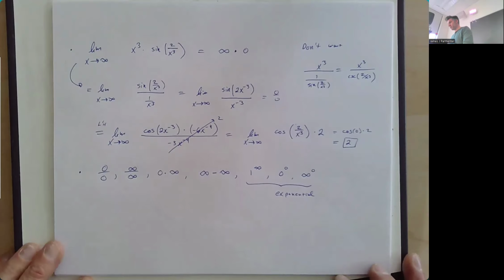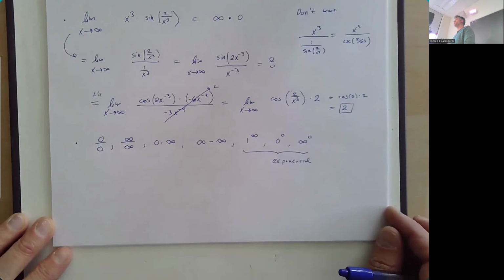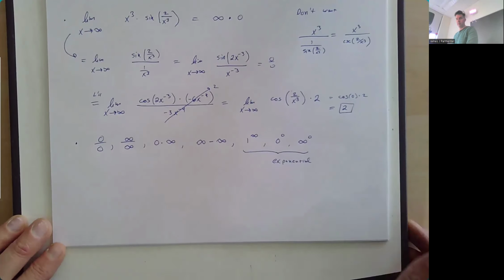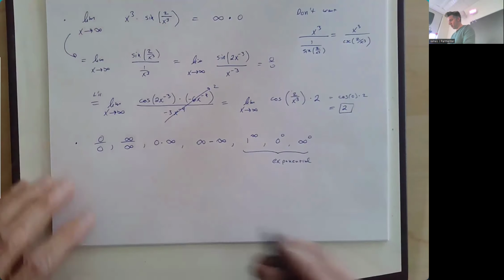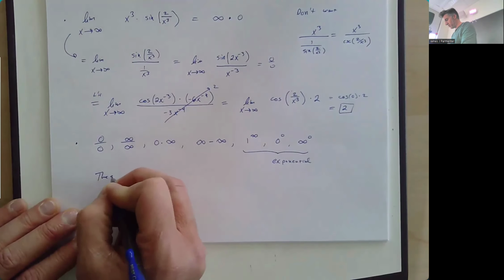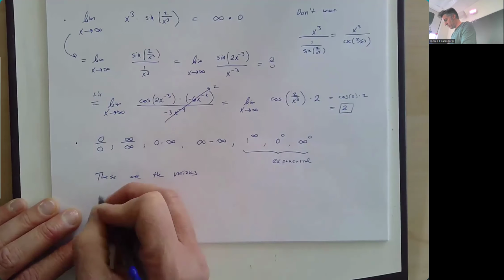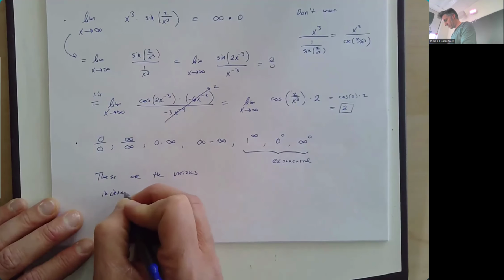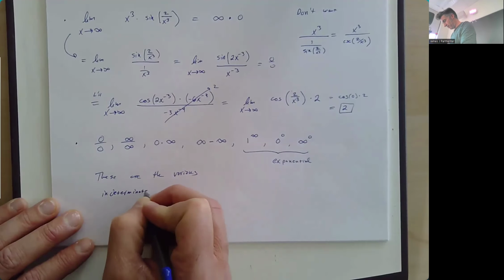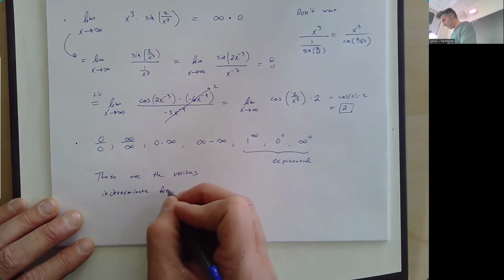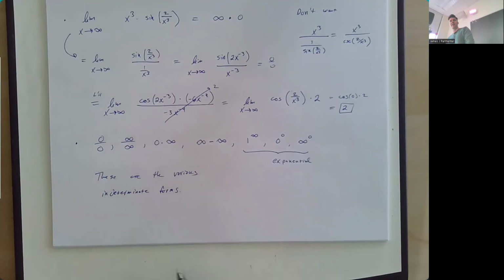Let's look at one more example. We need more page. So these are the various indeterminate forms. And I'm fairly confident that this list is exhaustive. I think these are all of them.